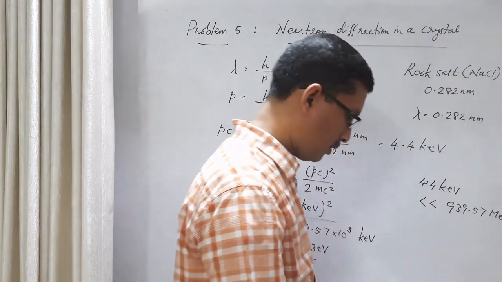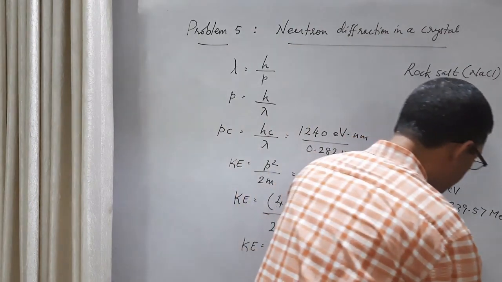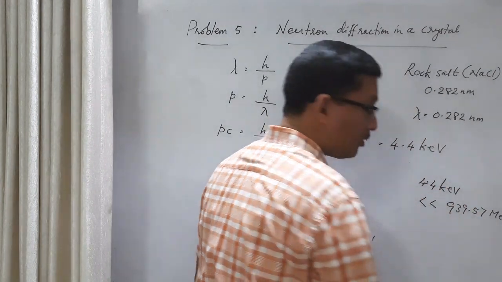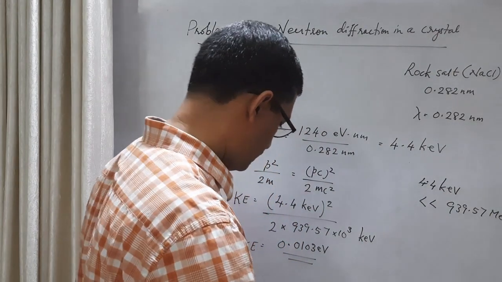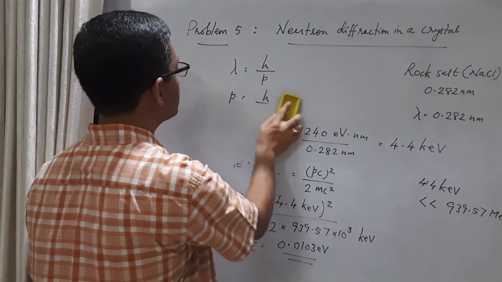Let me add one more point to this one. Let's calculate the de Broglie wavelength of thermal neutrons. First of all, let us see what is meant by thermal neutrons.